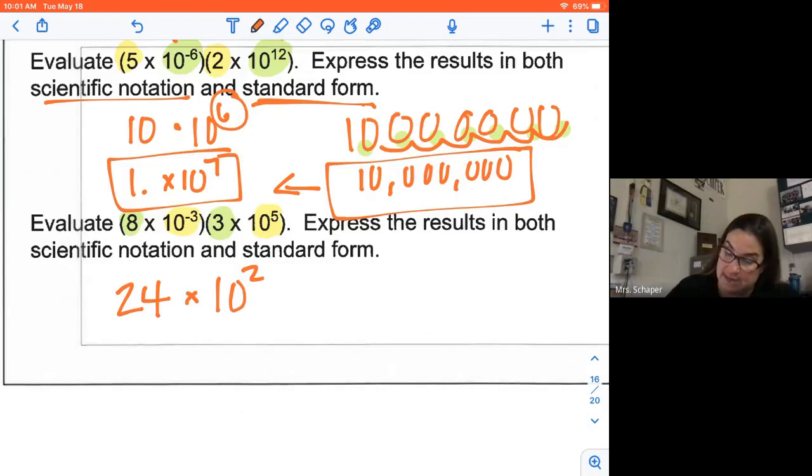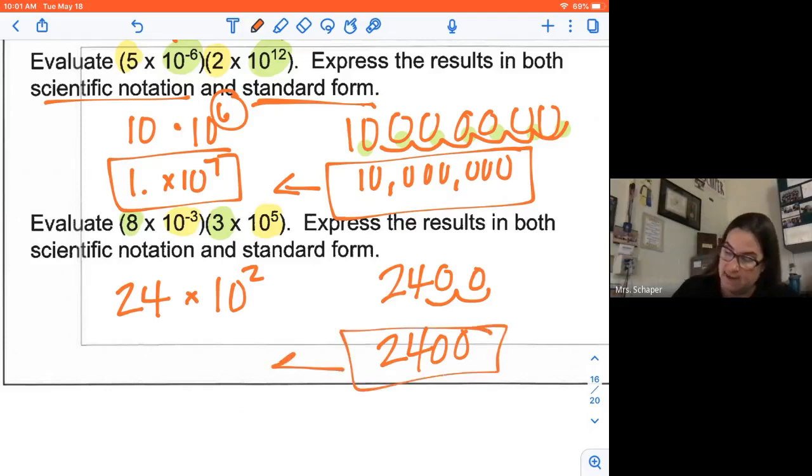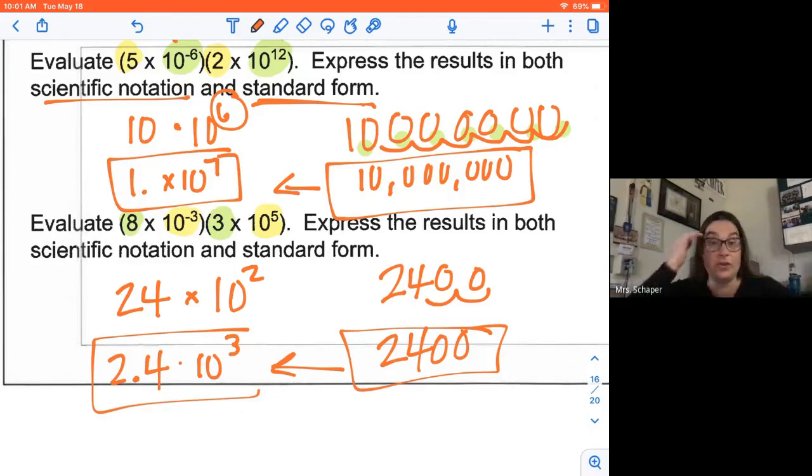So to write it in standard form, I'm going to have 2, 4, and then I've got to move the decimal 2 spots to the right. So 2, 4, 0, 0. That's my standard form. And then scientific notation, only one number before the decimal. It's 2.4 times 10 to the 3rd.